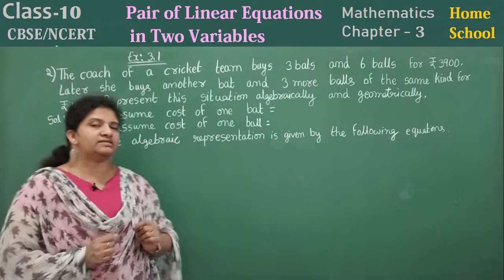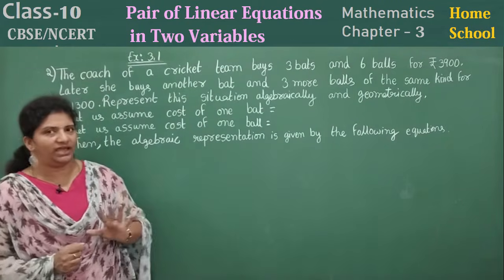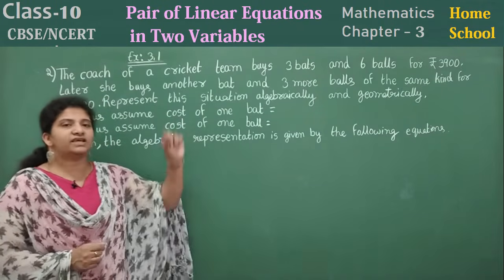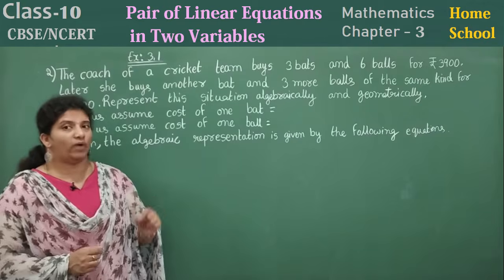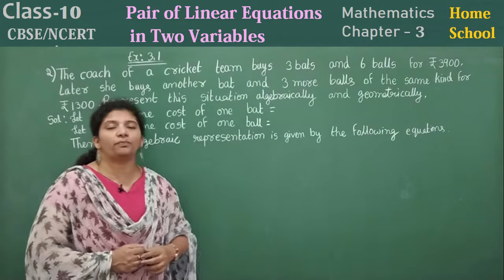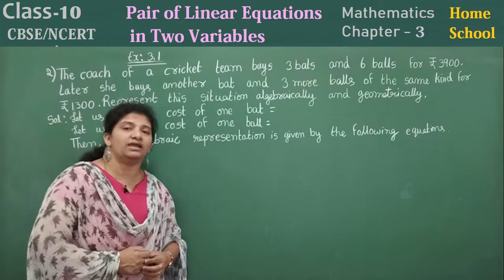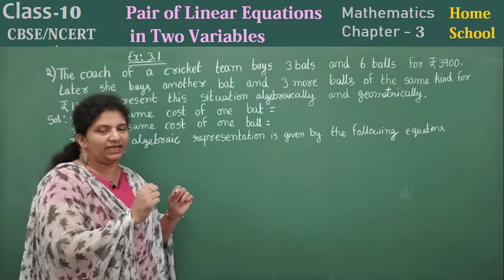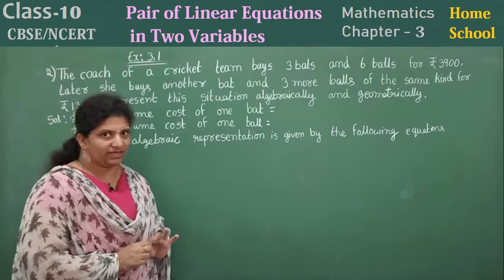So first let us assume bat x, ball y. 3 bats means 3x. 6 balls means 6y. For rupees 3,900. So every point we divide and read and frame the sentence.